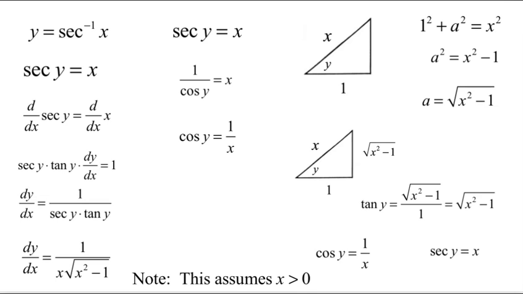All right, so let's take a look at an example that uses the chain rule with inverse secant. So here's our rule. The derivative of inverse secant of x is 1 over x times the square root of x squared minus 1. So what's the derivative of inverse sec of 5x? We're going to replace the x with 5x, but don't forget times the derivative of the 5x.